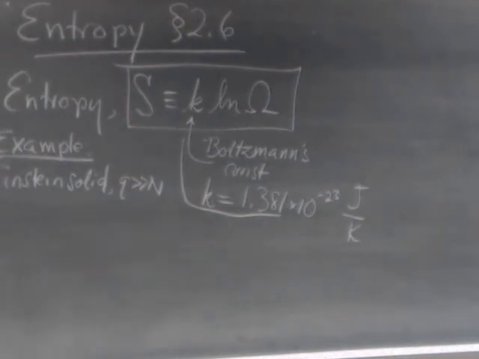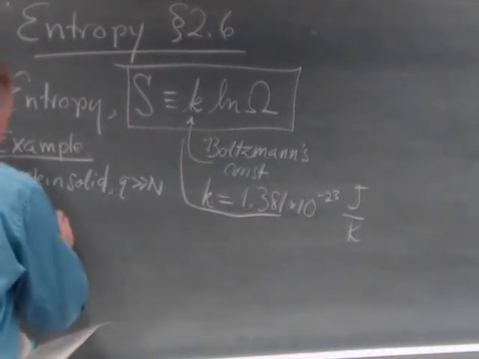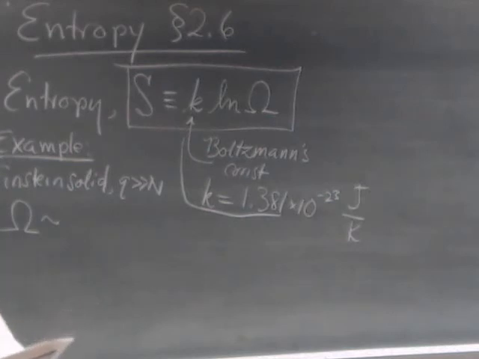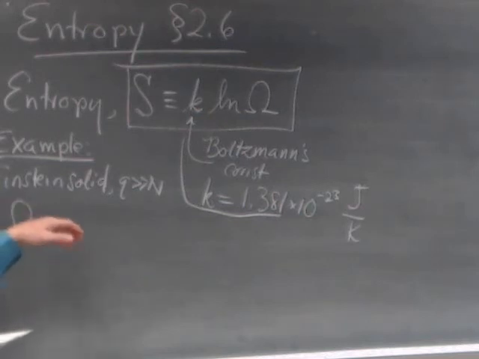Okay, Einstein solid with the number of quanta of energy much larger than the number of oscillators, so the high temperature limit. In that case, recall that the multiplicity was on the order of, and whenever I use a single squiggly line, it's used in a few different ways.